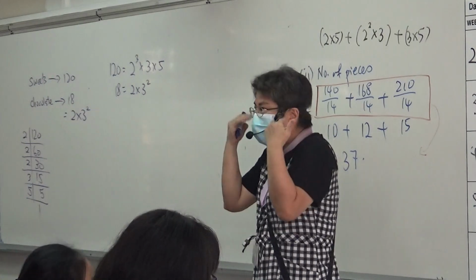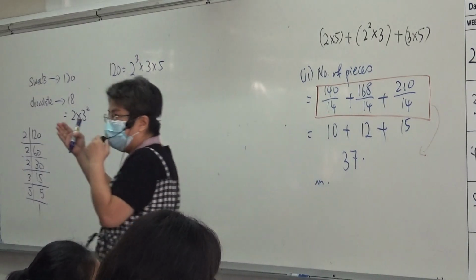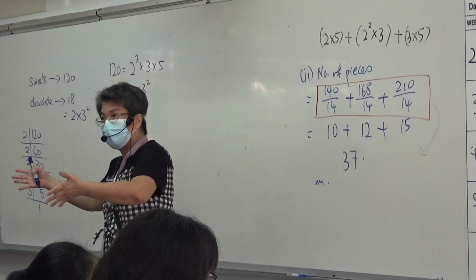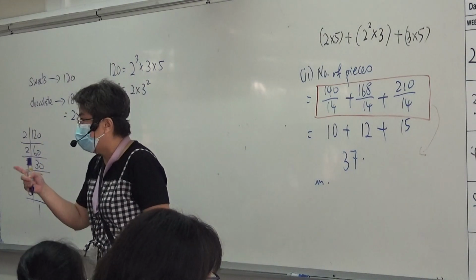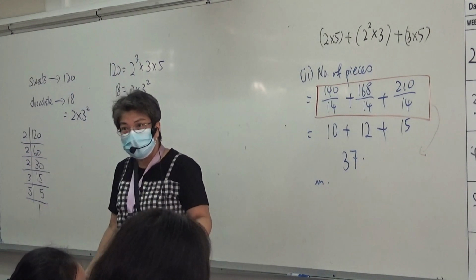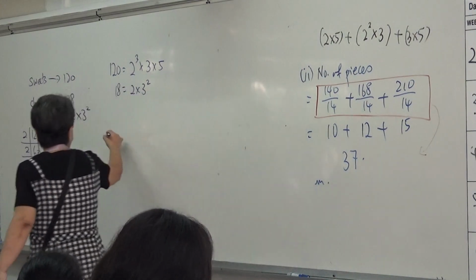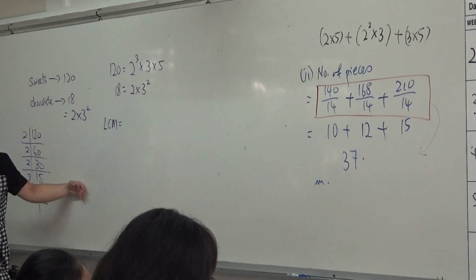So you have to reason it out for yourself. Do you agree that highest common factor must be less than or equal to the numbers? Correct? Lowest common multiple must be equal to or more than the numbers, right? If not, it cannot be. I've said it in the video also. Okay, now what is the LCM? LCM is the more the merrier, correct?